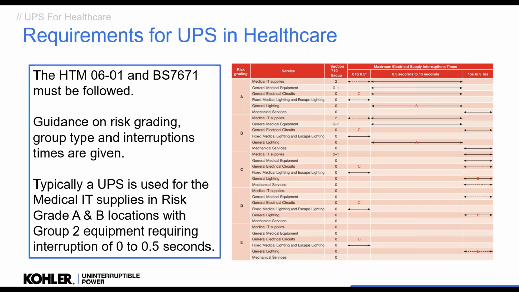So we typically see UPSs being used for medical IT supplies in risk grade A and B locations, with group 2 equipment requiring interruption of 0 to 0.5 seconds. Now, 0.5 seconds is actually a long time for obviously some computer equipment. So where we need that 0 interruption is where we're going to use the UPS.